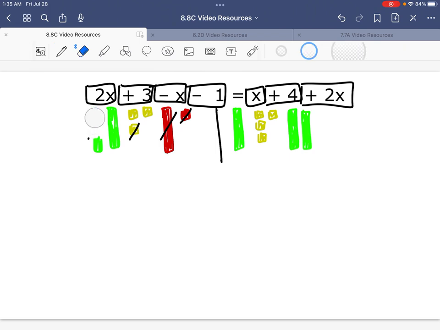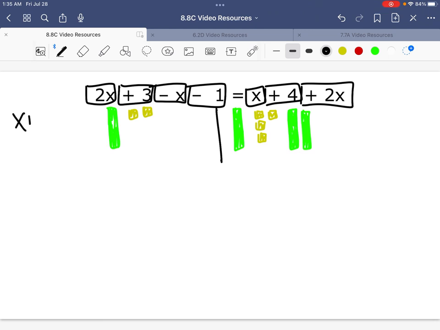I'm simply just going to erase them. And so now this leaves me with x plus 2 is equal to, and I see I have 3 x's, so 3x plus 4. So notice this equation I just wrote is equal or equivalent to the previous one. I had just simplified things by combining those like terms.